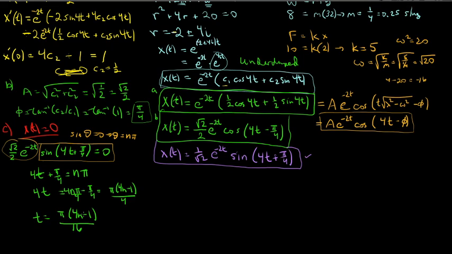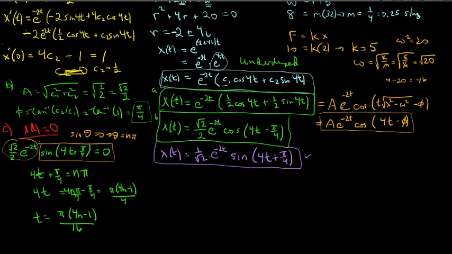Right? So n, and these are just integers, n can be any integer here, although we might as well start at, I don't know, n is equal to 1. So I guess these are the times.